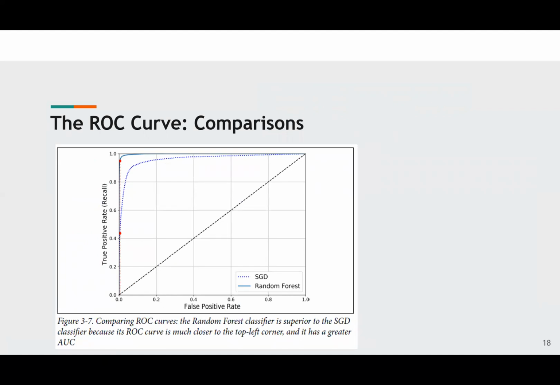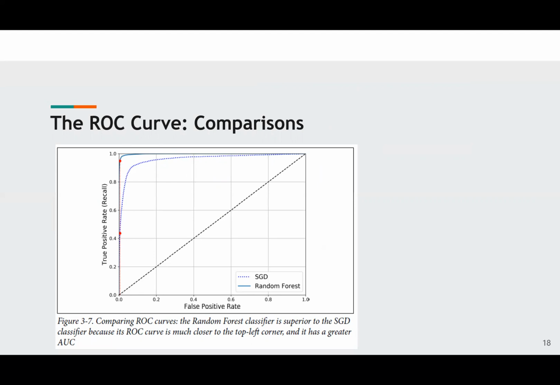This last slide wants to give you an idea of how you digest what you got. In this case, we have two different classifiers. One of them is this blue dotted line, which is that SGD we just discussed. The other one is a random forest classifier, which we're going to discuss later in the semester.